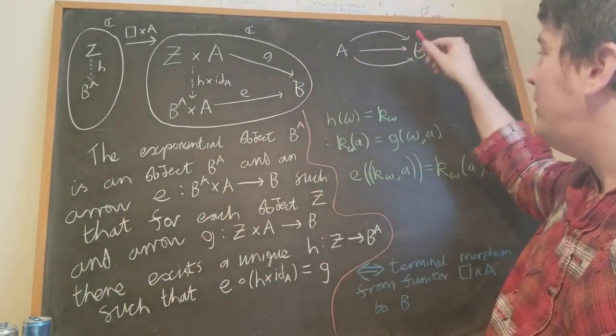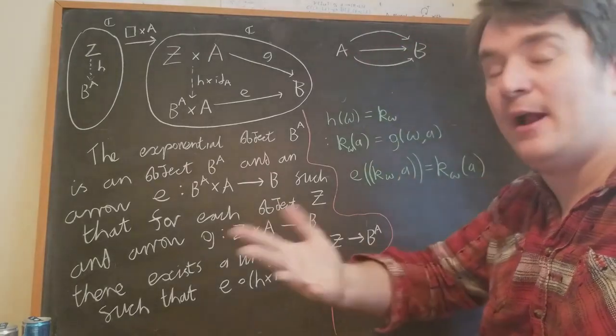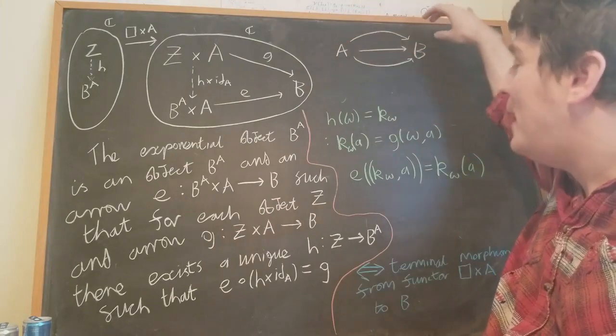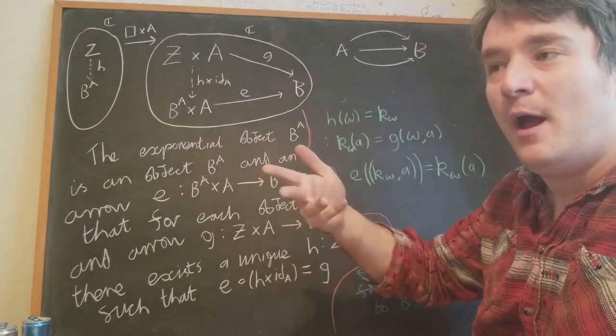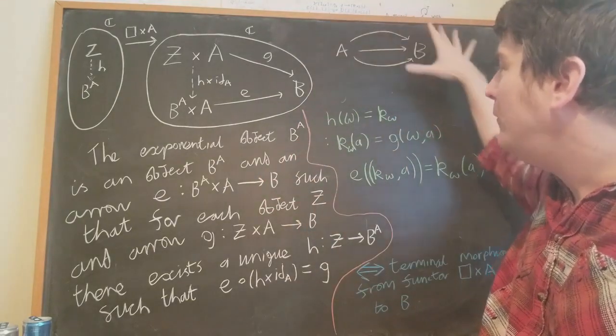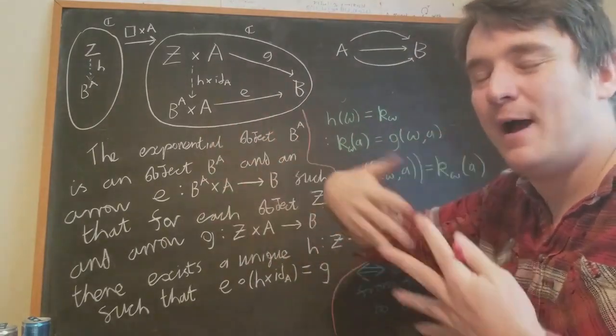Okay, so consider a couple of objects, A and B, in a category. Now, there may be some arrows from A to B. There may be lots of them. And we have this collection of arrows. Now, obviously that's represented as itself. It's a collection of arrows.